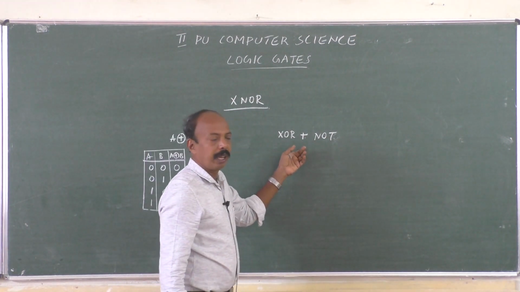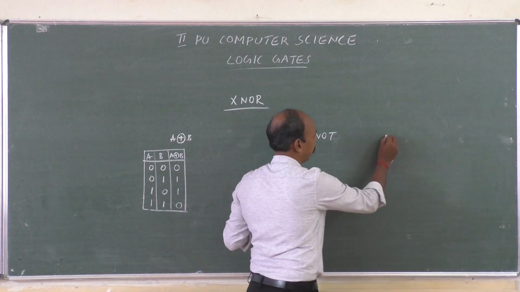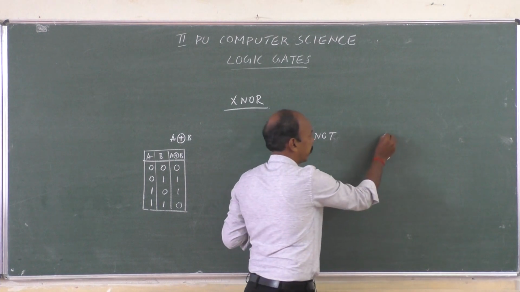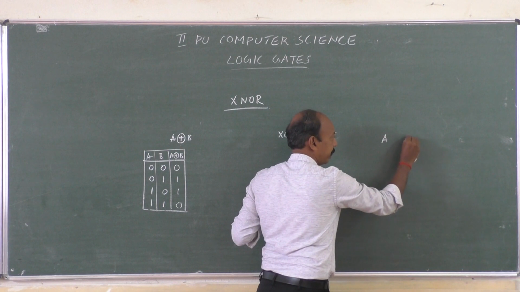Here, how to represent that? Suppose we have A and B as the inputs. A plus B, A and B.